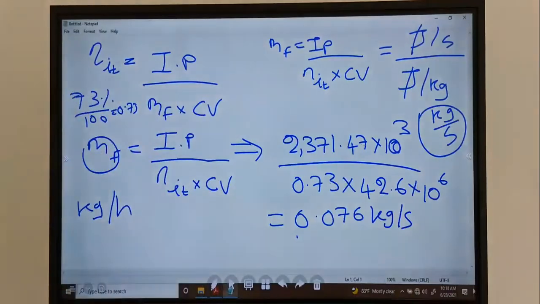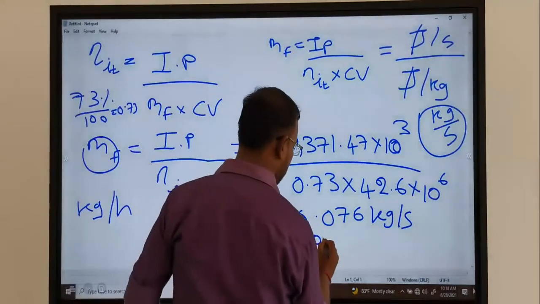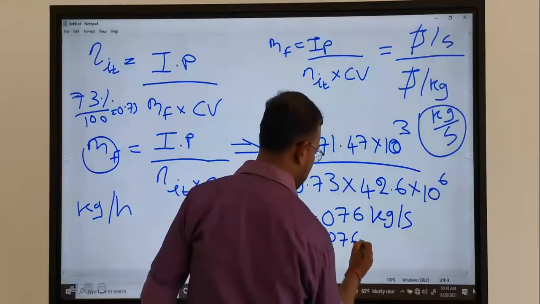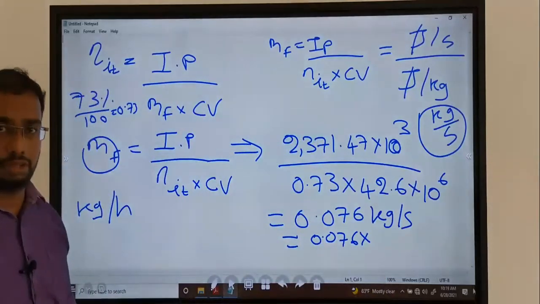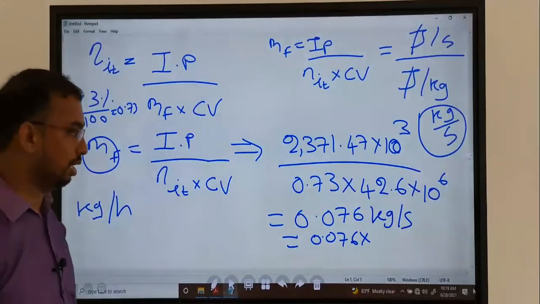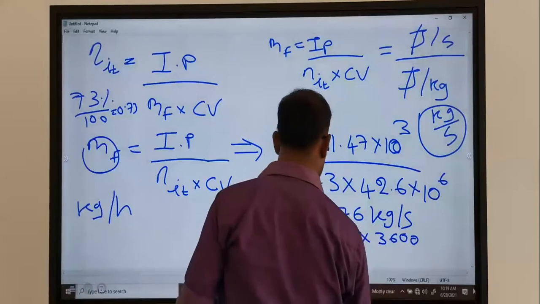Very carefully, the answer is kilogram per second, but in the standard the unit is kilogram per hour. So what we do: 0.076 is per second, and 1 hour is 3600 seconds, so we multiply by 3600.